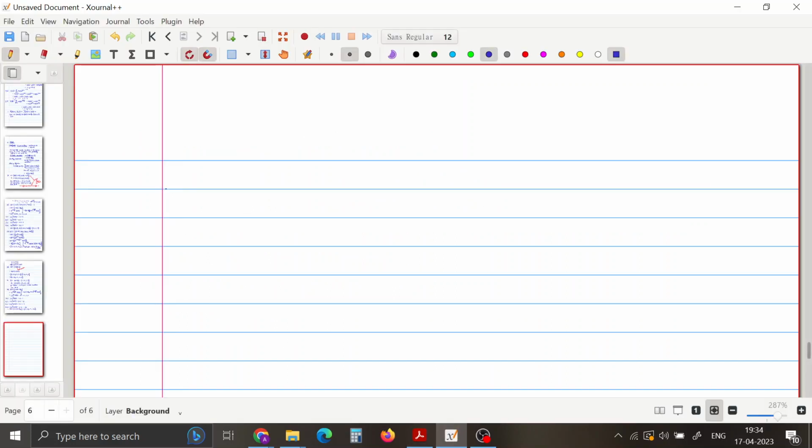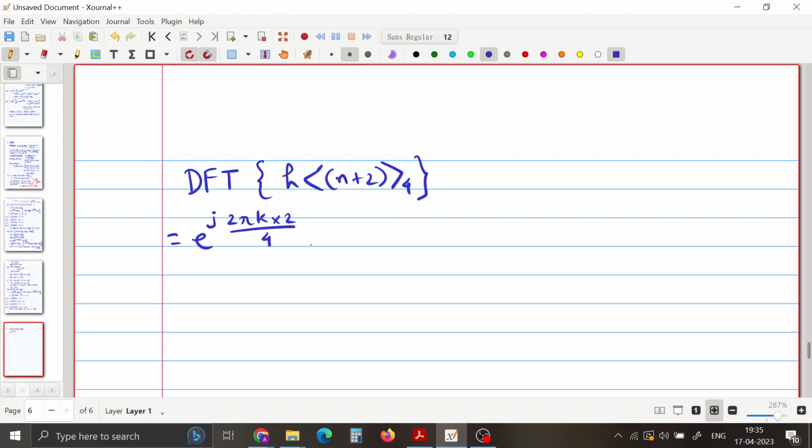So using the same old property, we can write this. And what's the property?